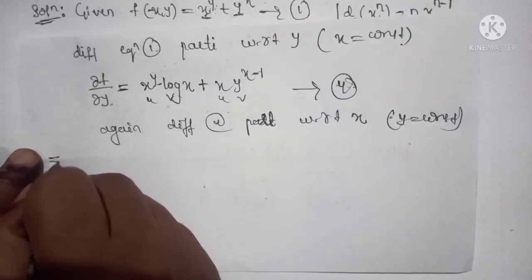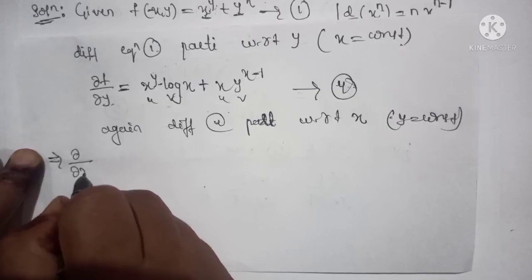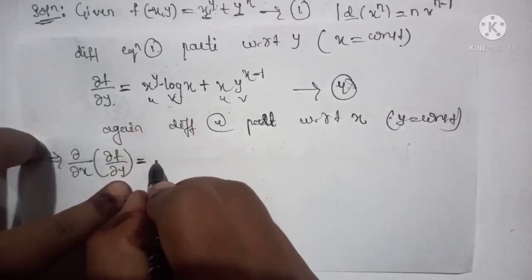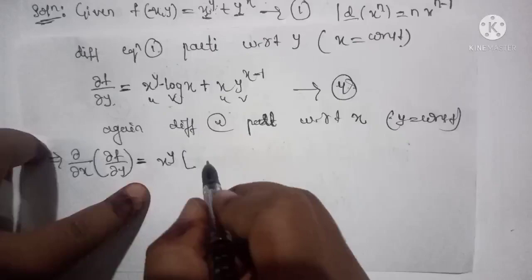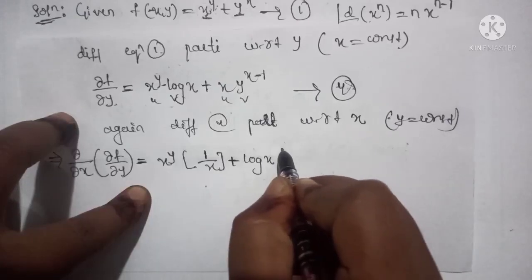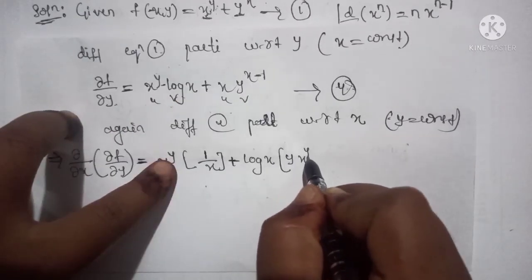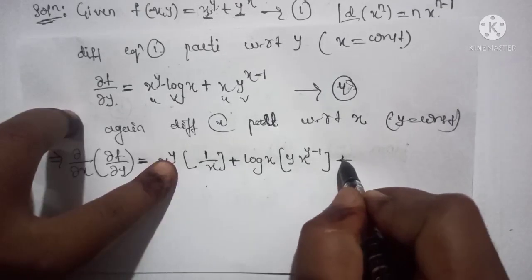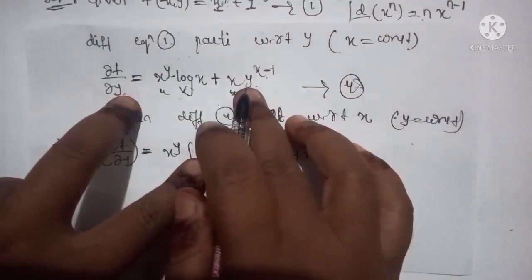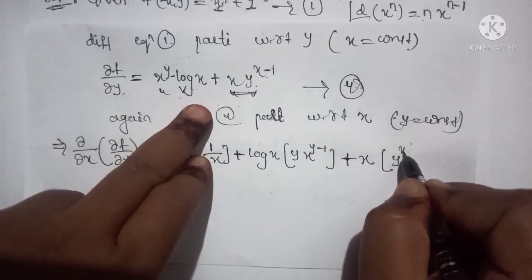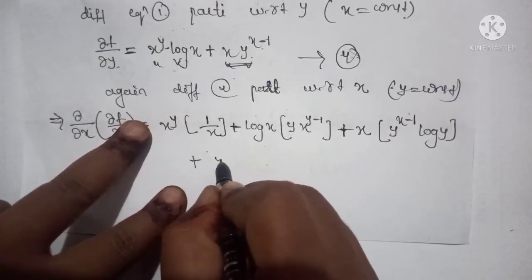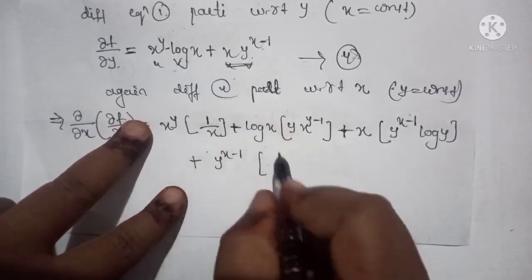Therefore applying the uv formula, we get dou by dou x of dou f by dou y equals x raised to y as it is, log x differentiation 1 by x, plus log x as it is, x raised to y differentiation is y into x raised to y minus 1, plus coming to this term, x as it is, y raised to x minus 1 differentiation, it is in the a raised to x form, so the function as it is into log y, plus y raised to x minus 1 as it is, here x differentiation is 1.